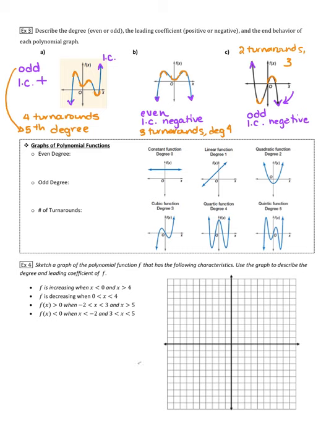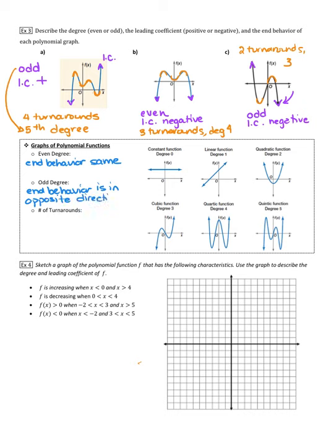Okay, so let's summarize that. Even degree, the end behavior will be the same. So quadratic, quartic, 6th degree, end behavior will be the same. Odd degree, your end behavior is in opposite direction, so odd for opposite.